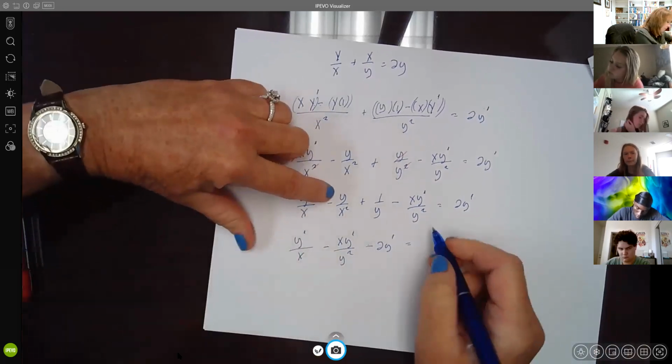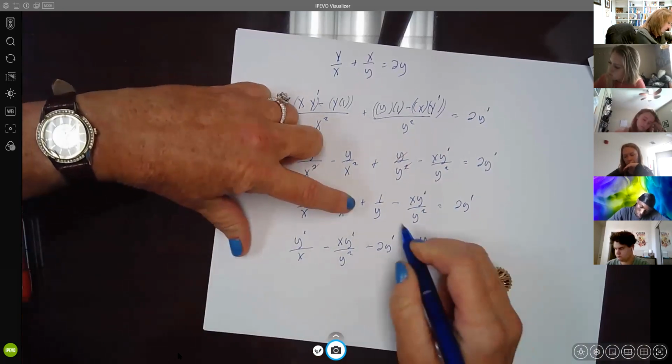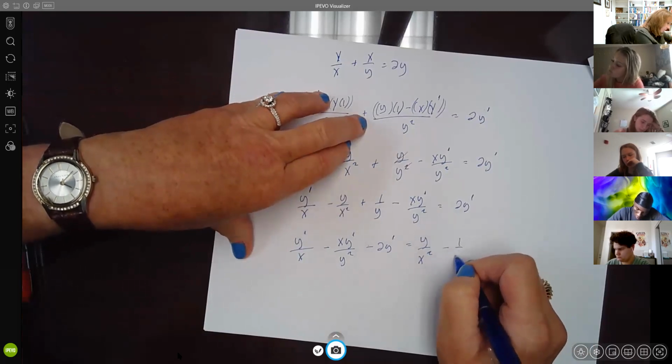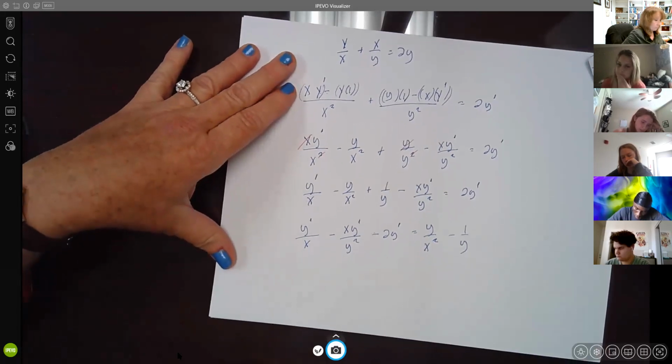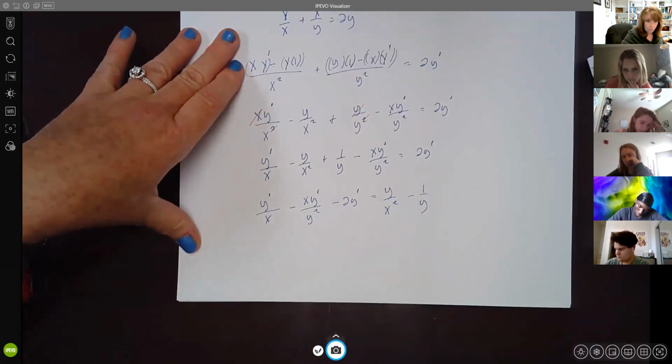I'm going to move this guy over by adding him, y over x squared, and subtract this guy over, minus 1 over y. So far so good?